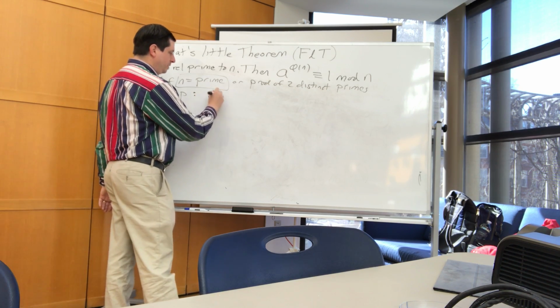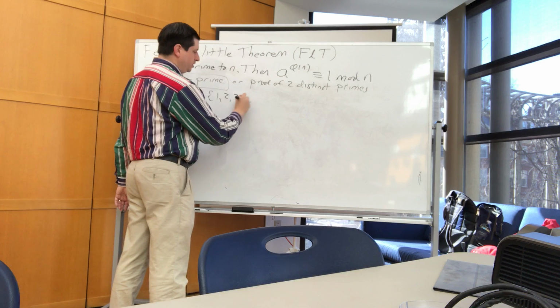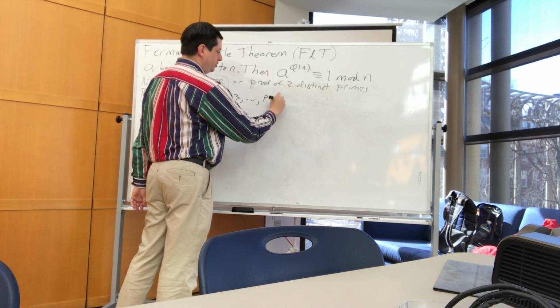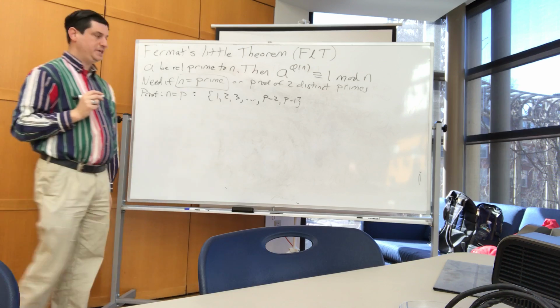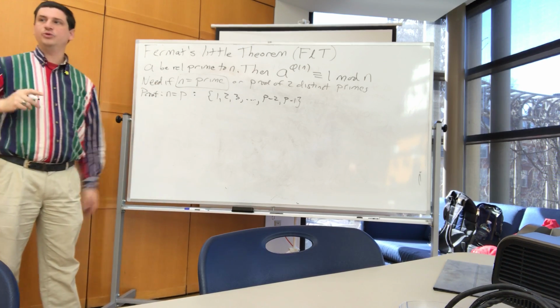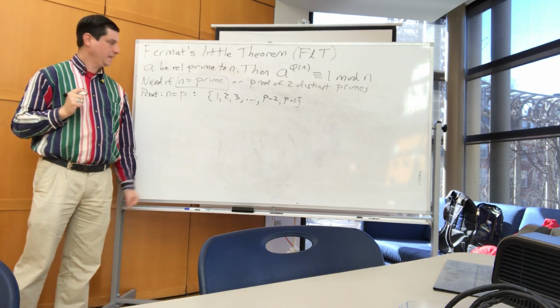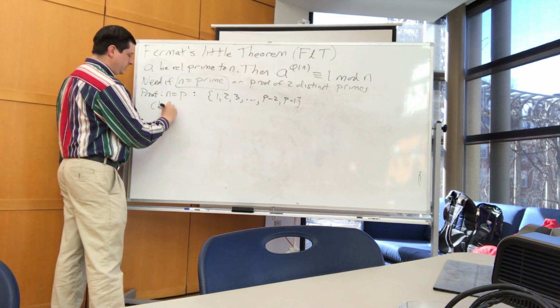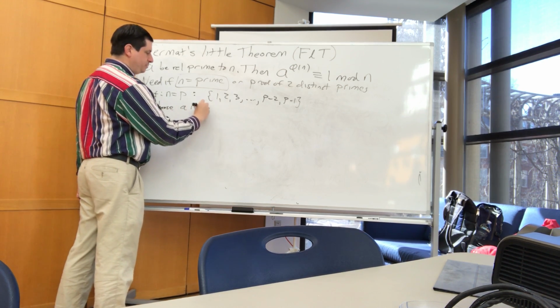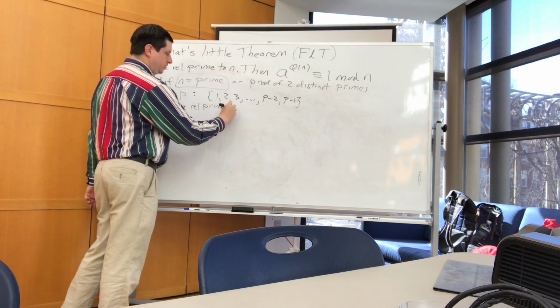So we have the numbers 1, 2, 3, ..., p minus 2, p minus 1. P is our prime. So n equals P. I always like to write P for a prime. All right. So now choose a relatively prime to P.